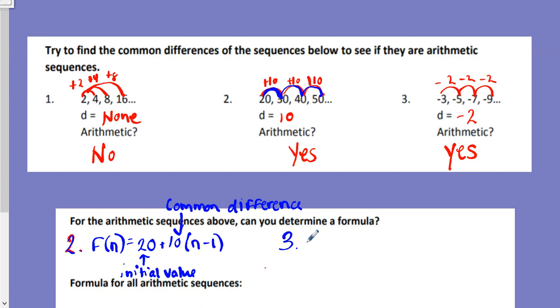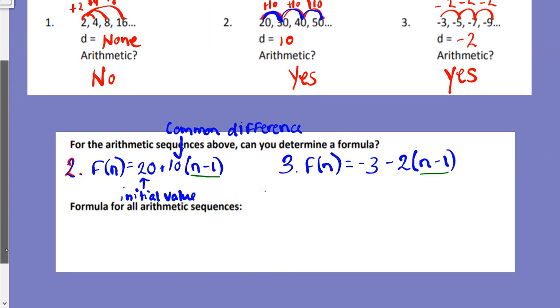And my first term, so I have f of n, my first term is negative 3. And I'm going to add my common difference. Now this time, I don't really need to add it. I can say minus 2, because my common difference is negative 2, times n minus 1. So you should start to notice that n minus 1 will always be inside that parentheses for our arithmetic sequence formulas.